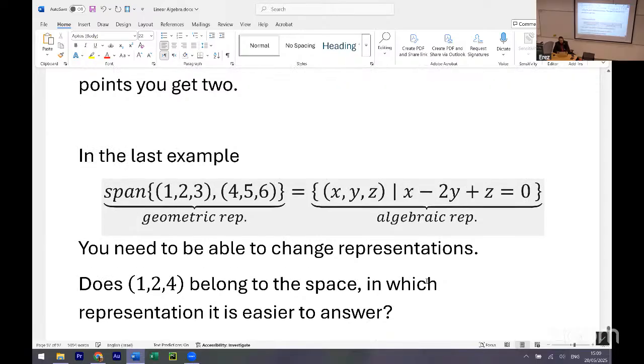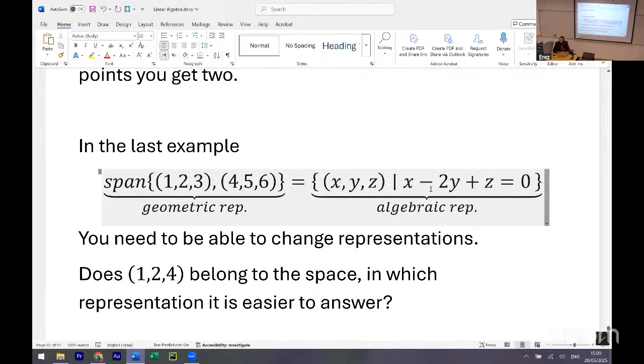The right one. On the algebraic one. Like always, algebraic is easier on the calculation. You simply plug in the vector and you see whether the equation holds or not. Agreed? When I asked you this with the span and I did it before the break, you looked at me and you didn't know the answer, rightfully so, right? Because how can I guess whether I can get to a certain point? In the geometric representation, it really isn't easy.